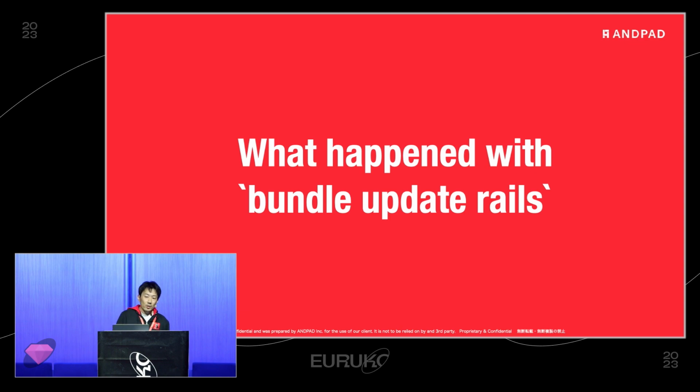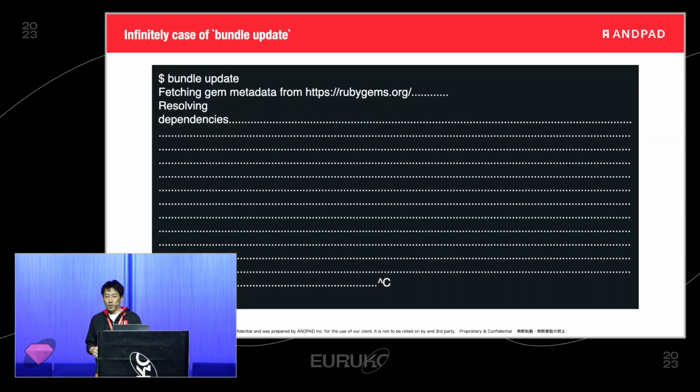Okay, so we now understand the basic functionality of PubGrub. We will now look at how Bundler uses PubGrub to generate a list of gems from the Gemfile in your code. The old version of Bundler, earlier than 2.3, had a problem with slow installs and updates.